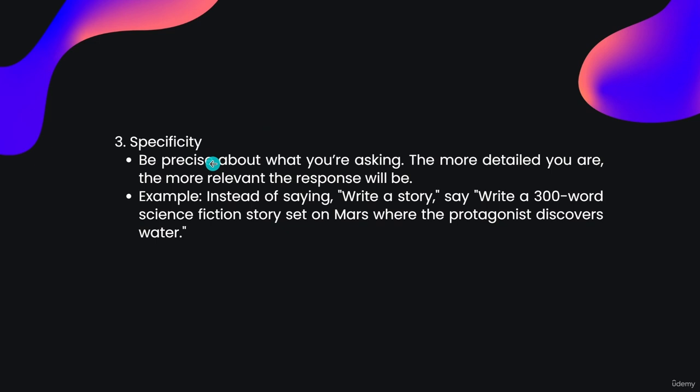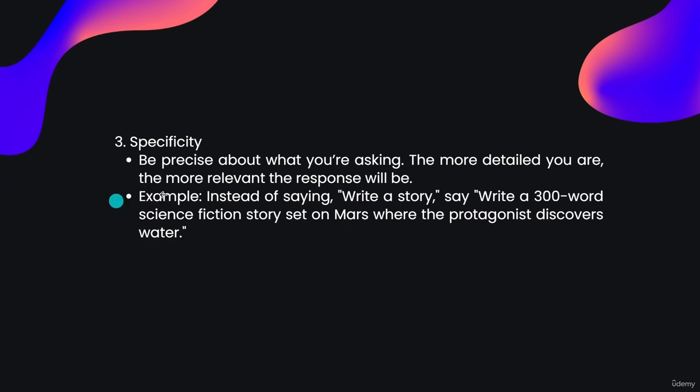Next is specificity. We have already learned what prompt engineering is: writing instructions for a specific application, right? So specificity means being precise: just write what you want from the AI model.